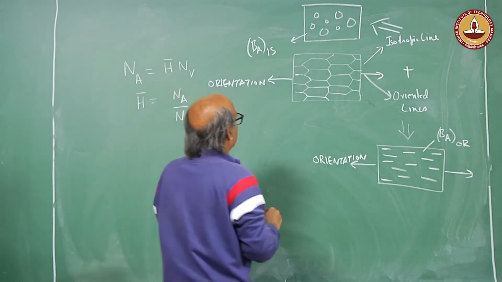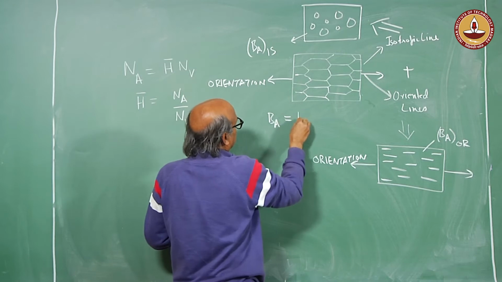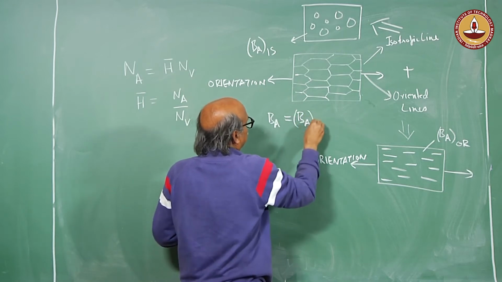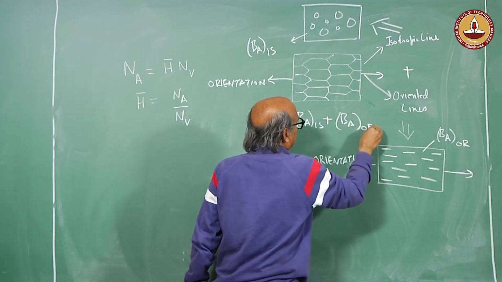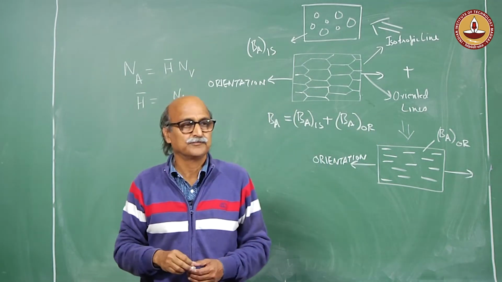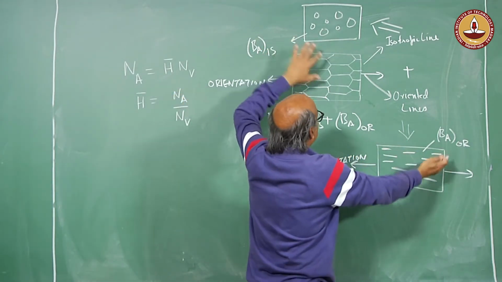And the total boundary length, which I will call BA, would be the sum total of BA isotropic plus BA oriented.